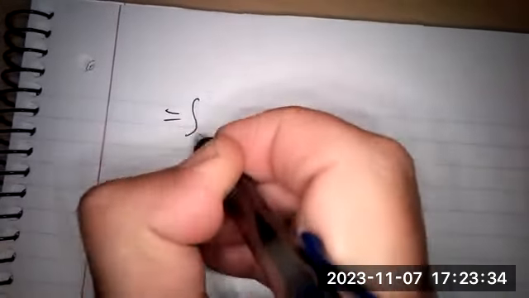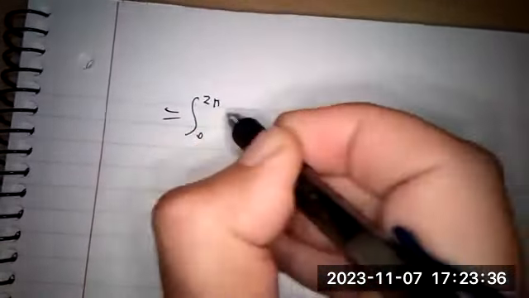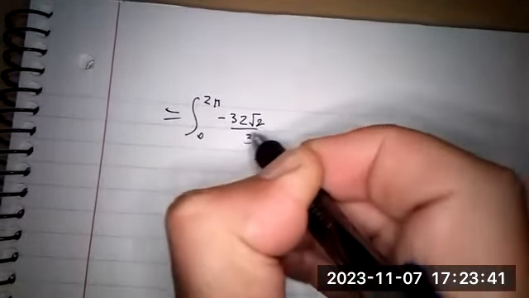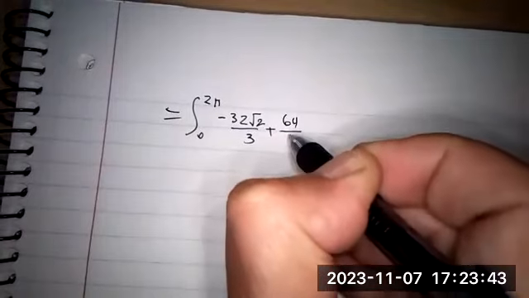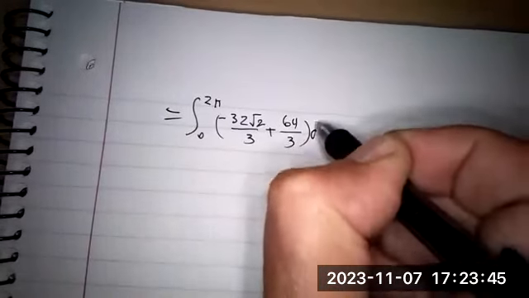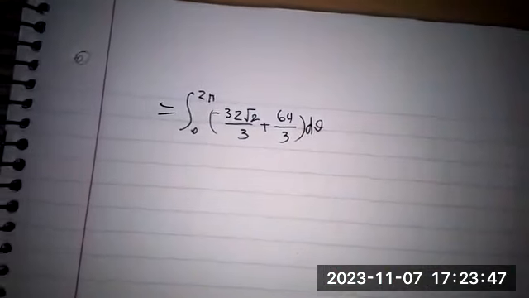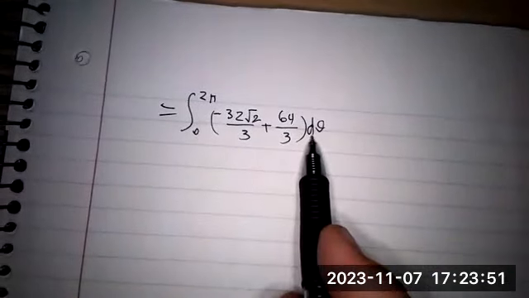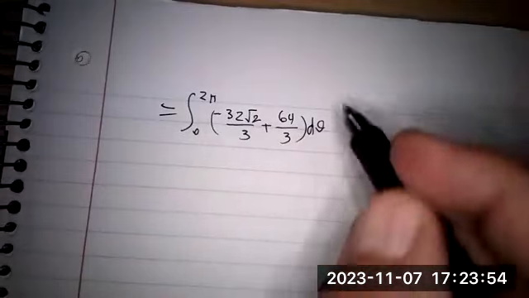So it is going to be equal to 0 to 2 pi, okay, negative 32 radical 2 over 3 plus 64 over 3 d theta. So we can use your calculator if you like, but the integral of d theta would be theta from 0 to 2 pi.